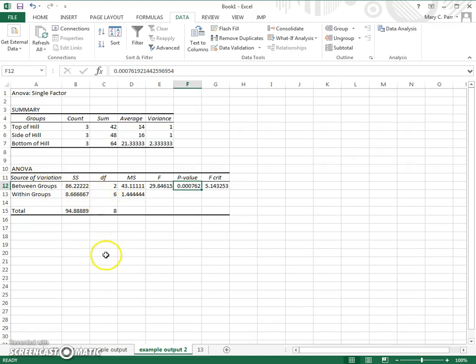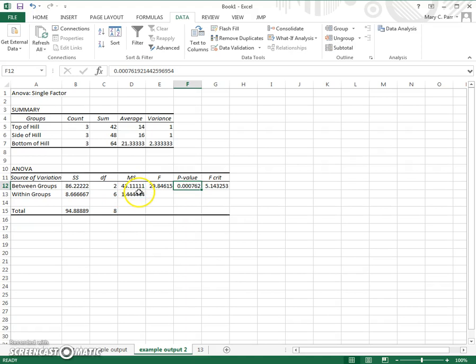But even without having a statistics class, the degrees of freedom are the total number of sample points minus 1. We had 9 total sample points, so we have a total of 8 degrees of freedom. Between the groups, we had 3 different groups, so 3 minus 1 is 2 degrees of freedom, and then within groups it has to come out to 8, so that's 6. So that's how degrees of freedom is calculated.